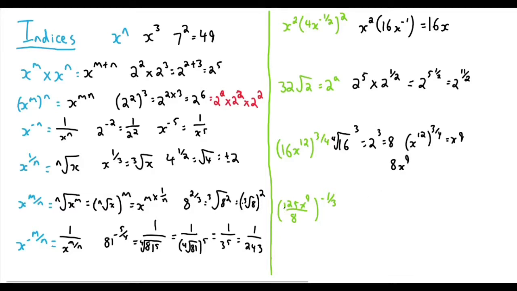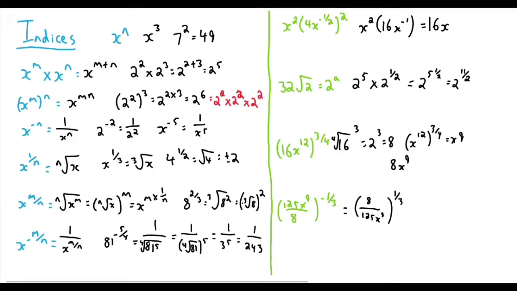And lastly, we now have this bigger fraction with these bigger terms, and also to a negative fraction. Now, if we deal with the negative first, usually that would be doing 1 over. When you have 1 over a fraction, that's basically just going to flip it upside down. So this will now become 8 over 125 x to the 9, and this is now just to the power of a third.